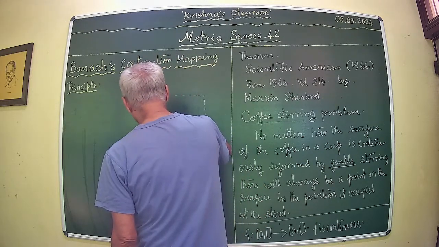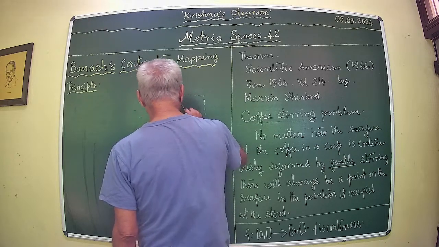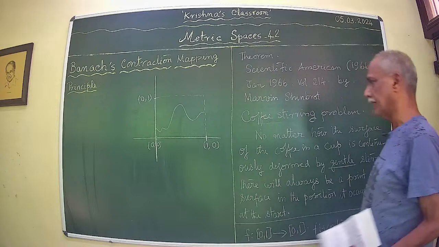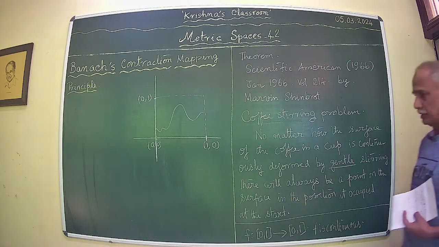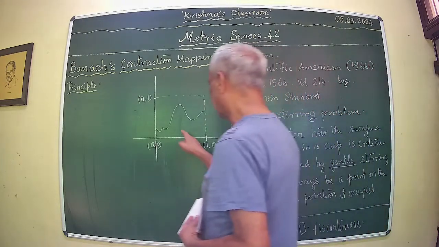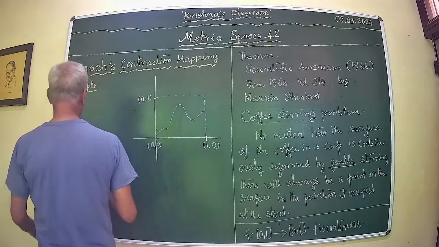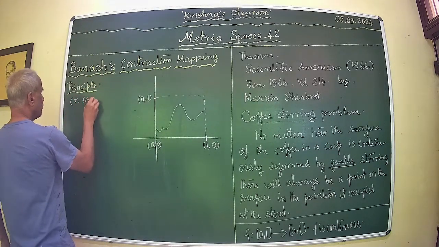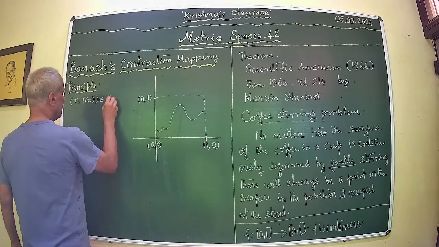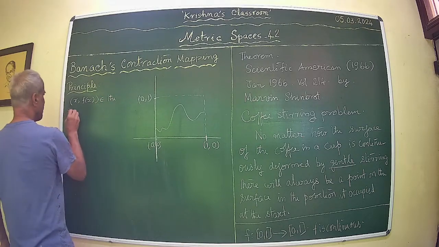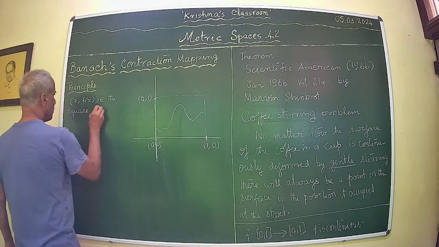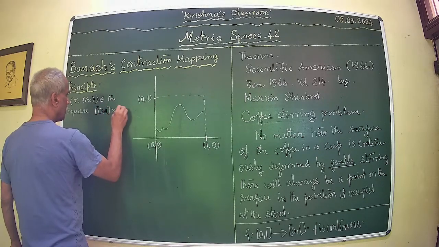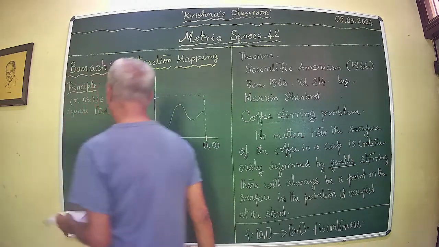So the graph would be taking some form of this kind, so that you are assured that the graph is (x, f(x)) belongs to the square. This is assured.